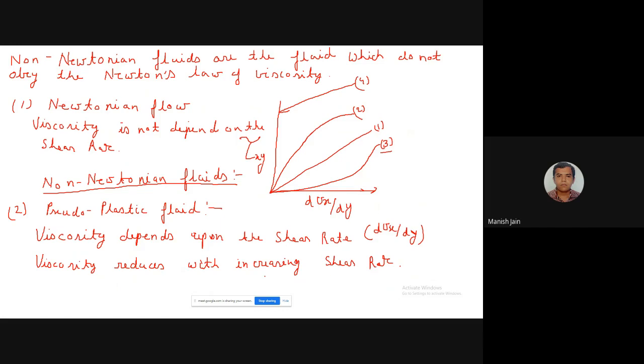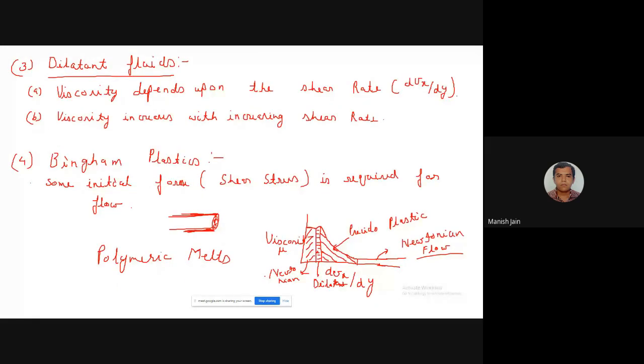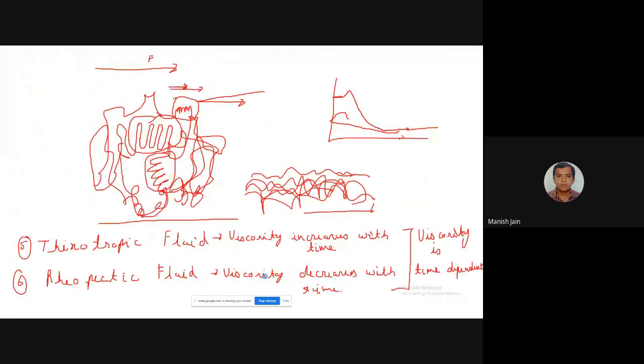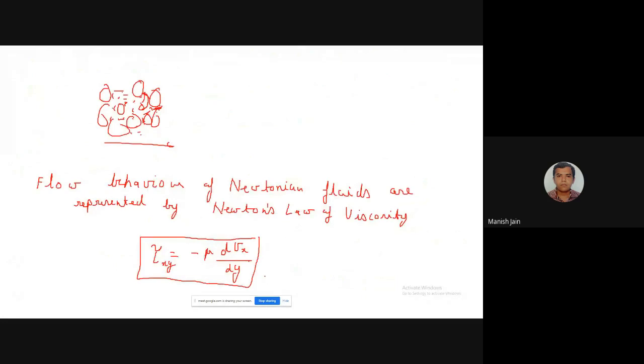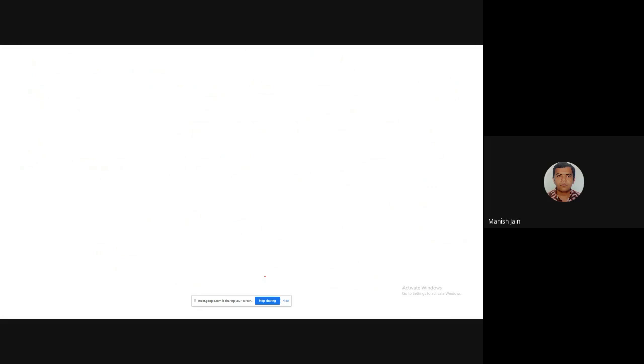Apart from this, you have the pseudoplastic fluid, dilatant fluids, and Bingham plastic fluids. And these are the most common types of non-Newtonian fluids. Now comes again the model. So you have the Newton's law of viscosity for the Newtonian fluids. Similarly, you need a model for the non-Newtonian fluids. To make a mathematical model of the non-Newtonian fluid, there are different approaches. Okay, the most simple and most accepted approach is the generalized Newtonian models.